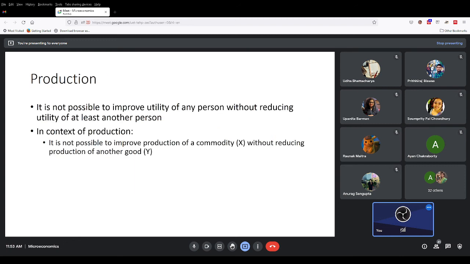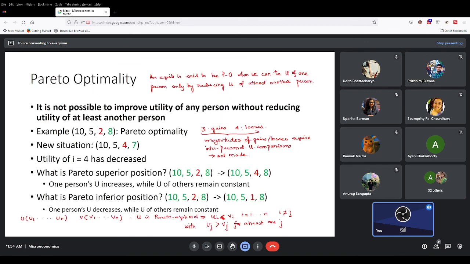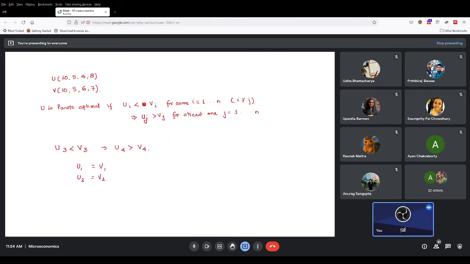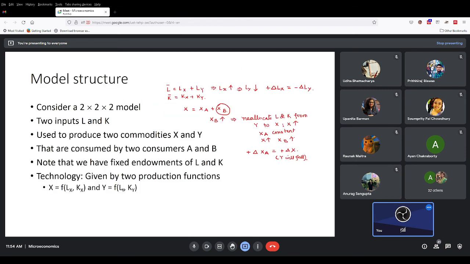Okay. So then we will first graphically show what is the equilibrium, what are the Pareto optimality conditions, and then we'll derive the conditions mathematically.